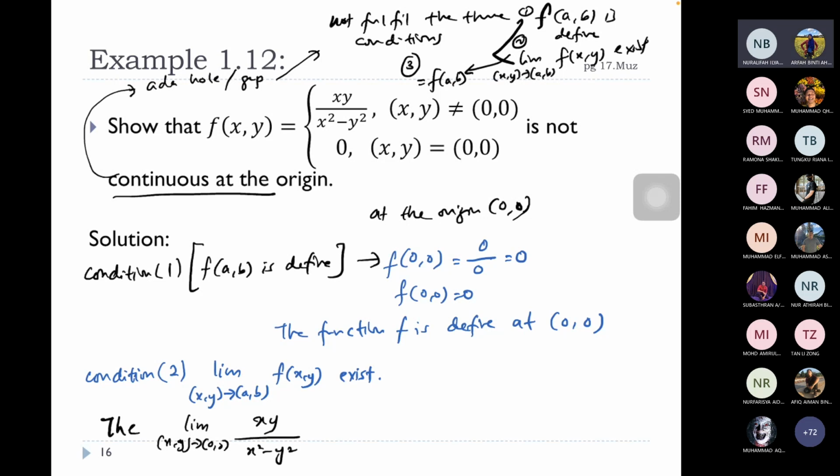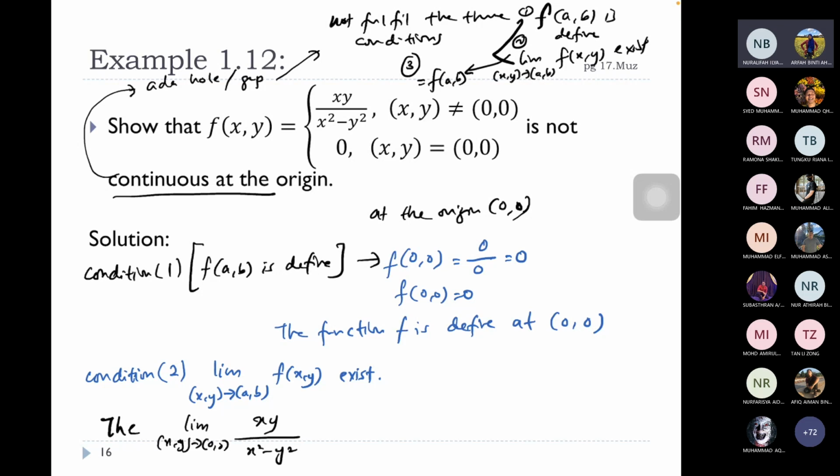Oi, tanya soalan ni, jawab apa? So dekat chat ada orang jawab. Exist. Kenapa exist, Zafri? Lain-lain jawapan? Exist or not?